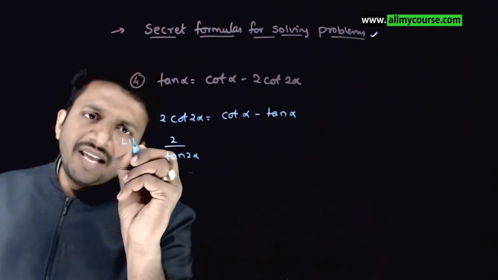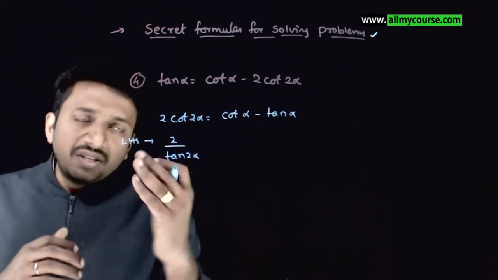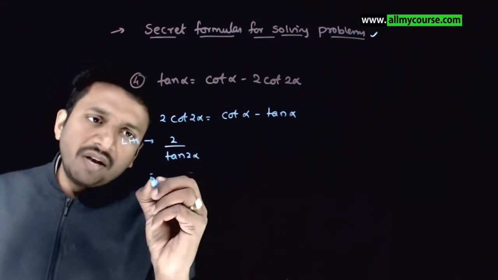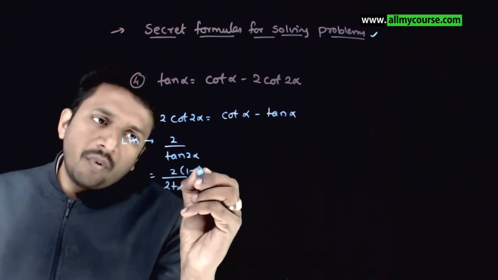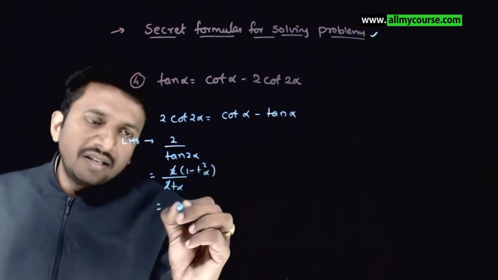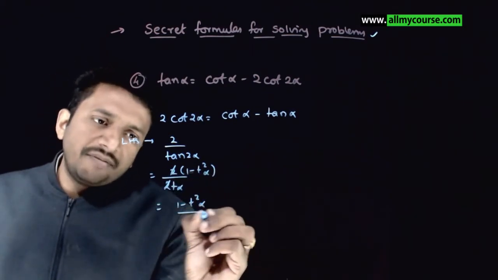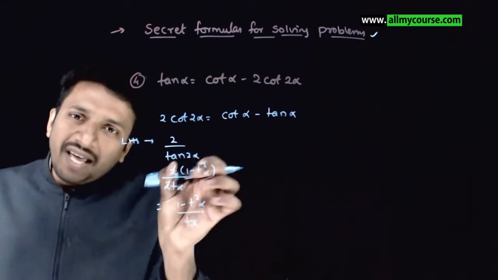Let us simplify the LHS and the RHS. If I get the same expressions, these two are equal. 2 by tan 2 alpha is 2 times (1 minus tan square alpha) by 2 tan alpha. The 2 and 2 get cancelled, giving 1 minus tan square alpha by tan alpha. This is the simplification of the LHS.